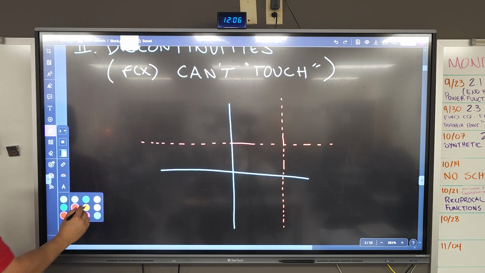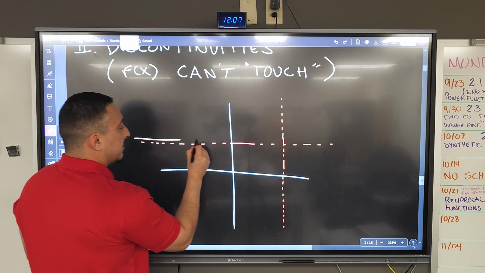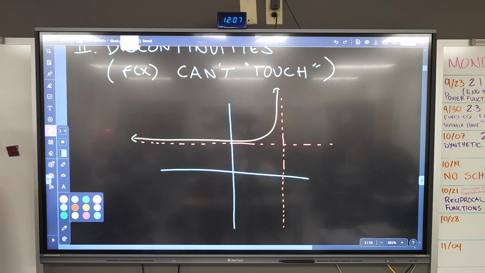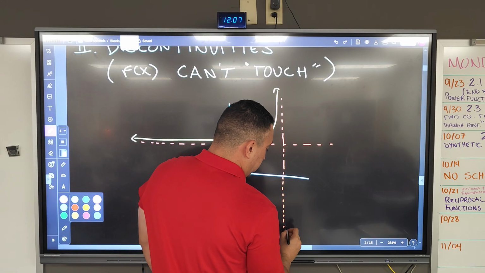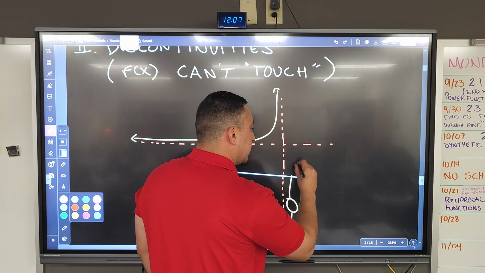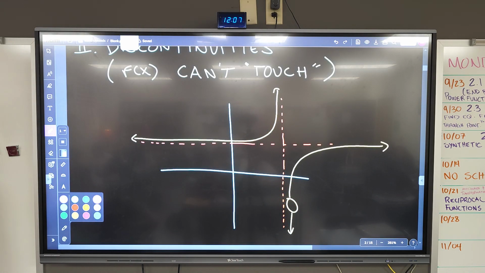Okay, so let's draw this one here, and then this one right here, but I'm going to put a hole. We have talked about holes in the past, and we exaggerate them. We put them really big so they stand out.